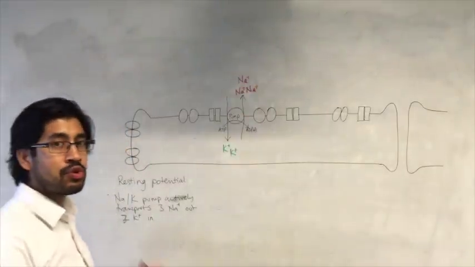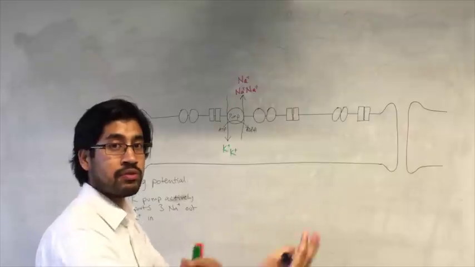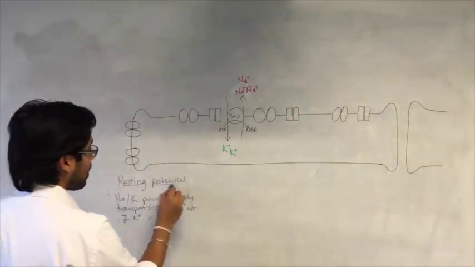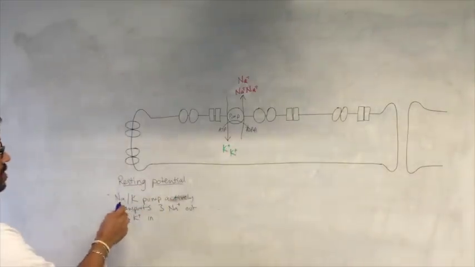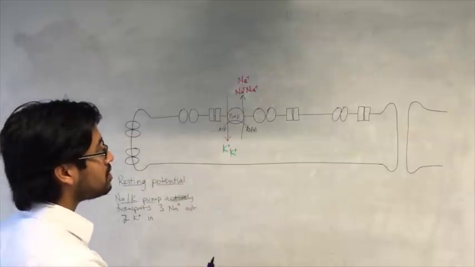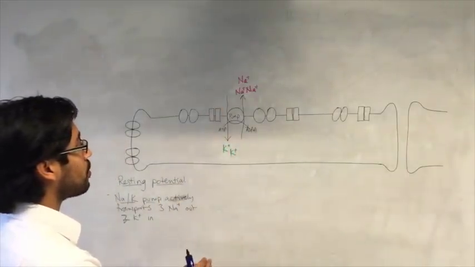It's these 2 gradients that influence the direction that these ions are moving in. So the resting potential, we have to remember, is mainly due to the activity of the sodium-potassium pump, using energy to maintain this gradient.